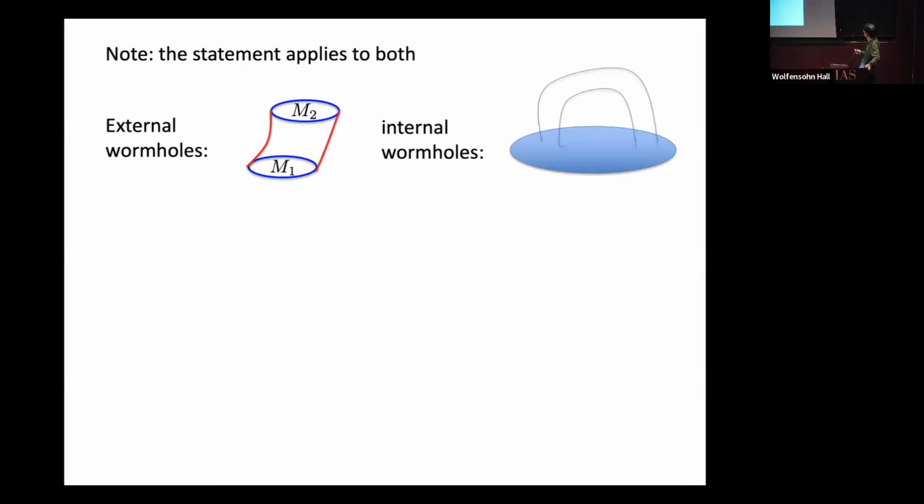Good. So let me just mention that the statement applies both to the external wormholes, which connect, say, disjoint manifolds, and internal wormholes, corresponding to adding a handle to your otherwise connected manifold.